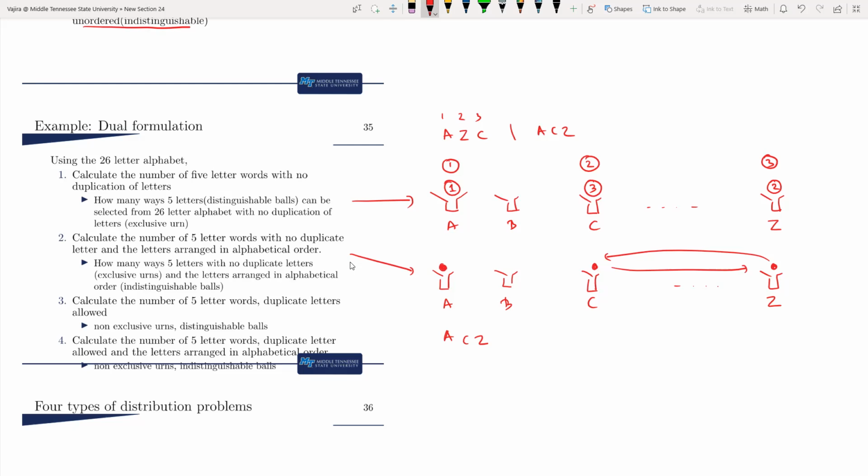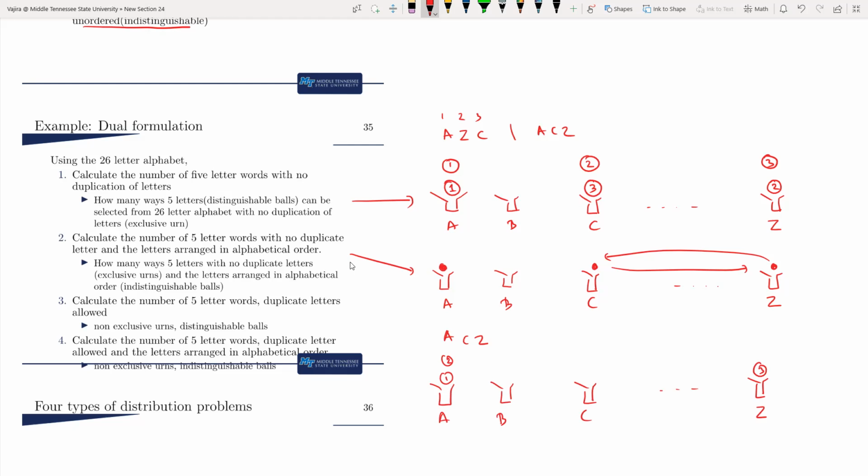Then the next one is calculate the number of 5-letter words, duplicate letter allowed, non-exclusive and distinguishable. If I try to draw this, these are non-exclusive urns, so I can put more than one ball, and distinguishable. So it can be something like this: 1, 2, and 3.